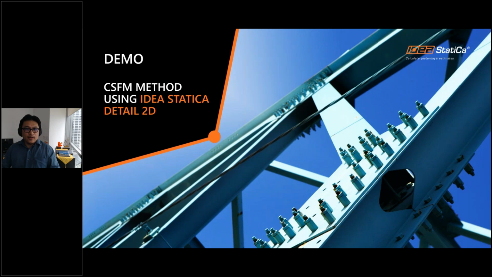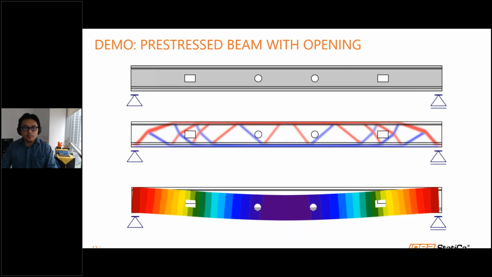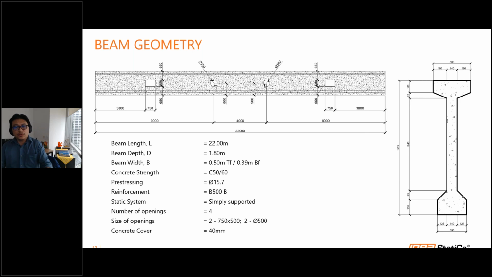Basically, I have here an example of the prestressed beam with opening. So let's start with the demo code check. For the purpose of this demonstration, due to limited time, we will keep it very simple and have all the information made available to you.